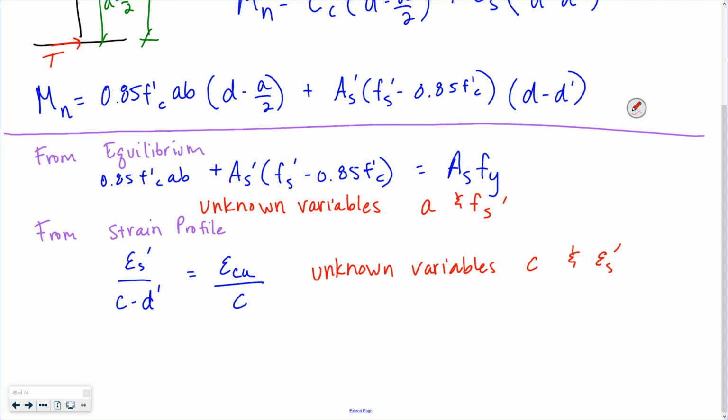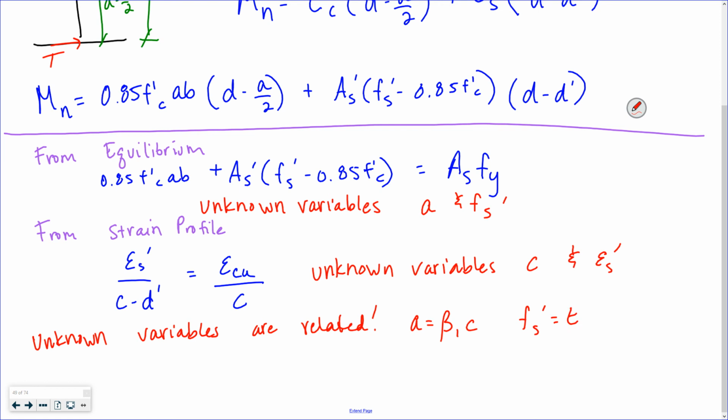So it looks like I have 4 unknowns, but obviously they're related, right? a is equal to beta 1 c. My stress is equal to the modulus times the strain.